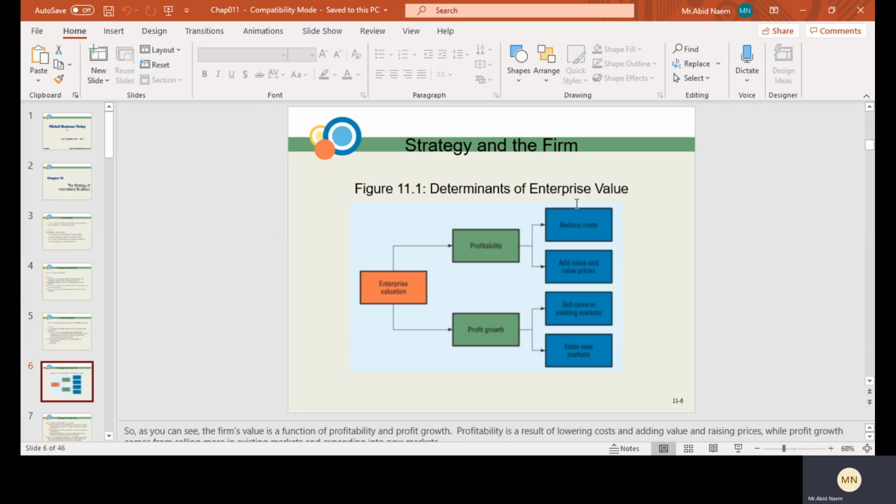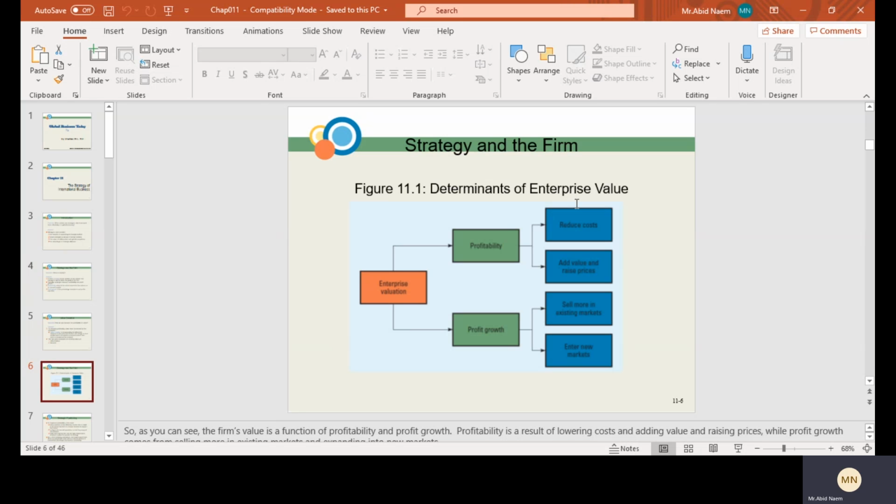Now we have to elaborate the determinants. What are the key factors which determine the enterprise value? Enterprise value is basically a combination of two things. One is profitability, and the second is profit growth rate in any given market in a specific time bracket. Profitability can be achieved through reduced cost of manufacturing, distribution, and promotion, etc., while at the same time we have to add value in our products.